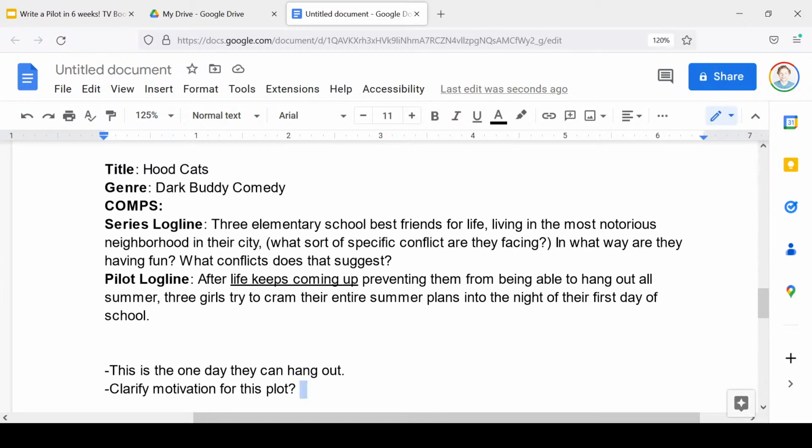Okay, any questions? Go ahead. If I mentioned this before, one of the ideas is that these are kids. In this part of their life, it's kind of the edge of where society views them as kids, especially in their neighborhood.